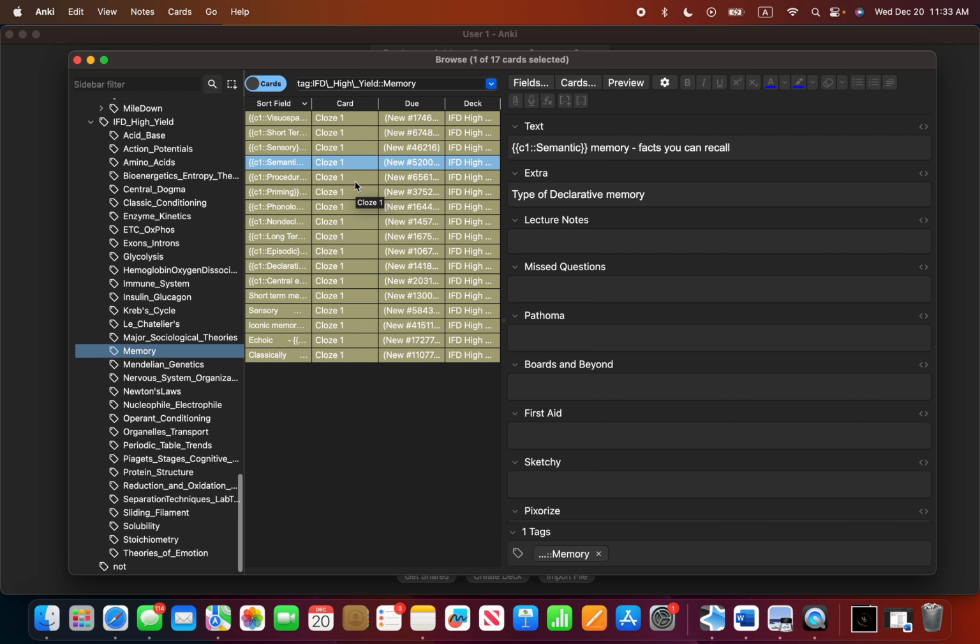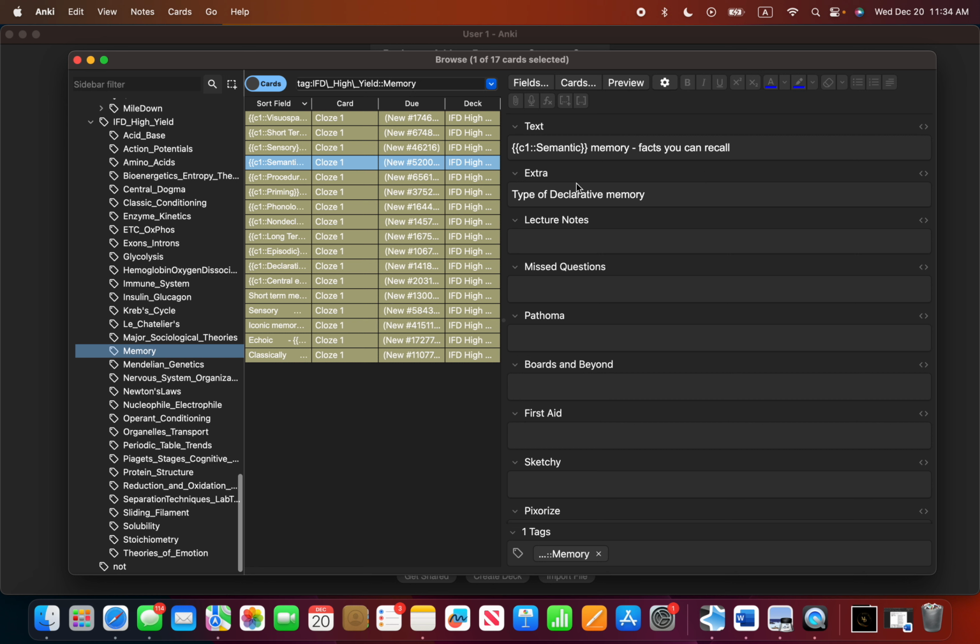Semantic memory, facts you can recall. Type of declarative memory. Semantic is the facts that you can recall.